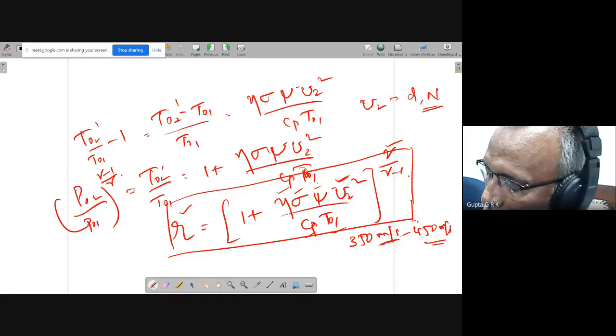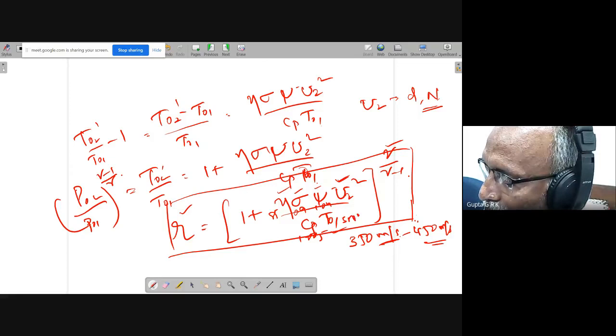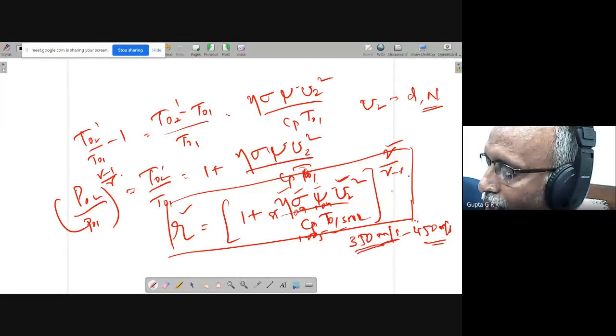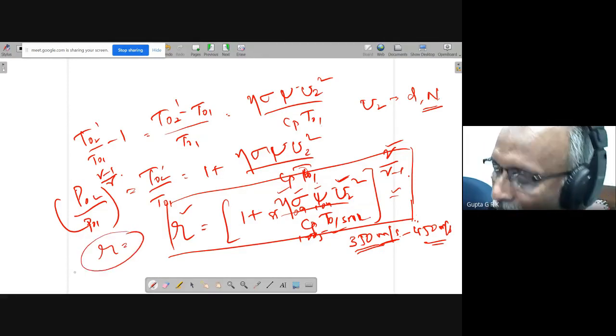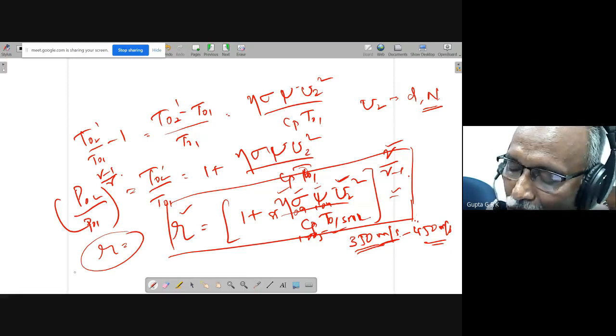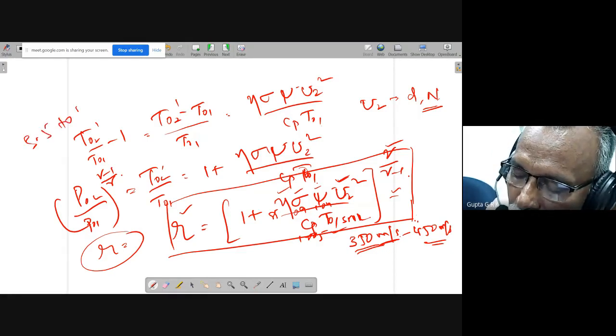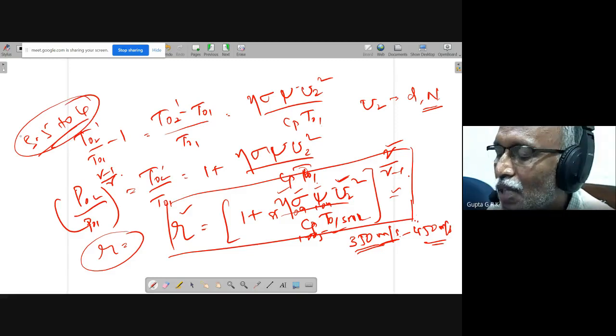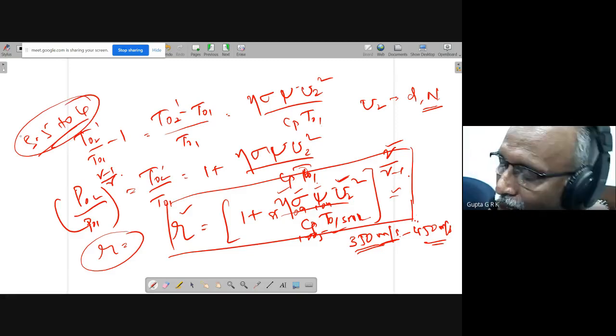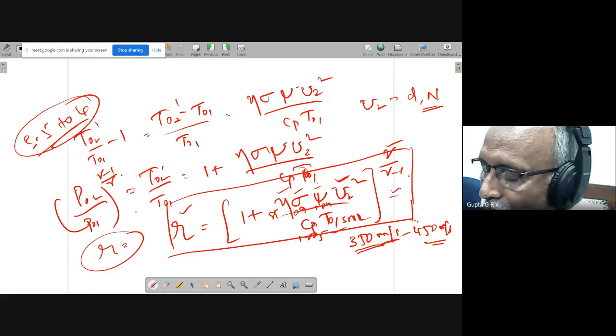So if you substitute all the values here, some 85% here, 0.9 here, 1.04 here, 1.005 here, some 300 Kelvin here, and U2 as 350, you can see how much pressure ratio I can have with a centrifugal impeller. It will come to some 3.5 to 4 or something. For a single stage centrifugal compressor, we can go up to like that. This is the formula normally we use.